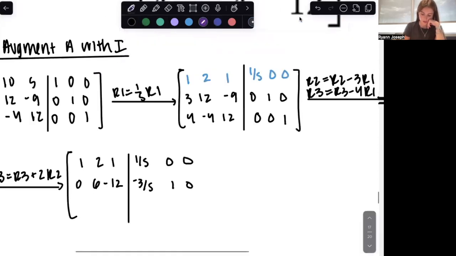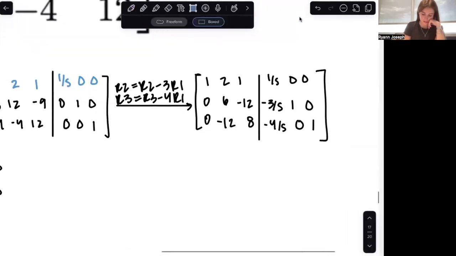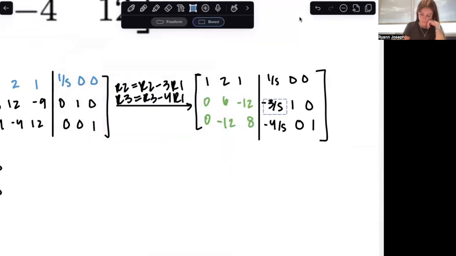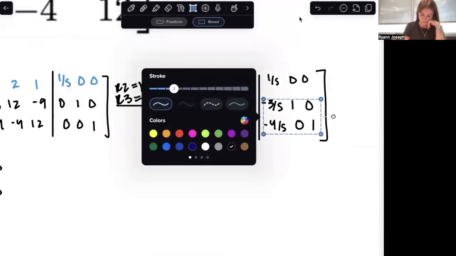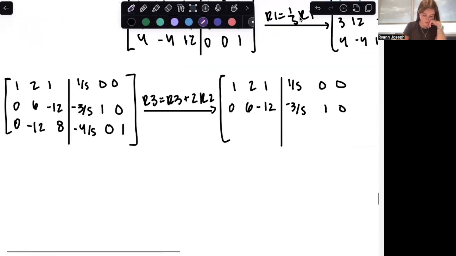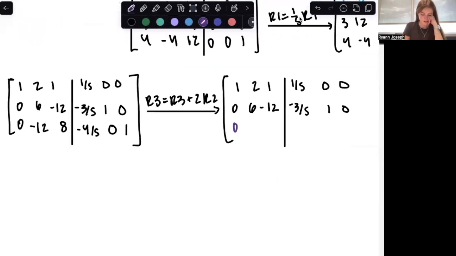And this one is changing. I didn't color code these for changing earlier. This goes to 0, 8 plus -24 is -16. And then this -4/5 becomes -2. This is going to become 2 and 1.